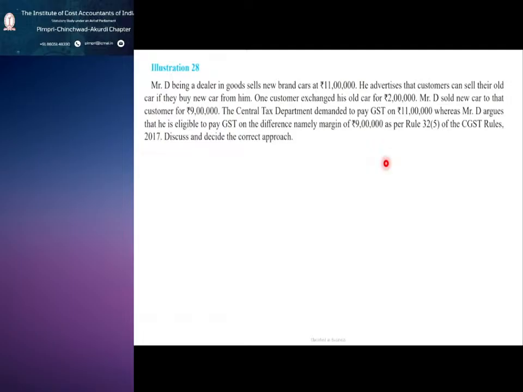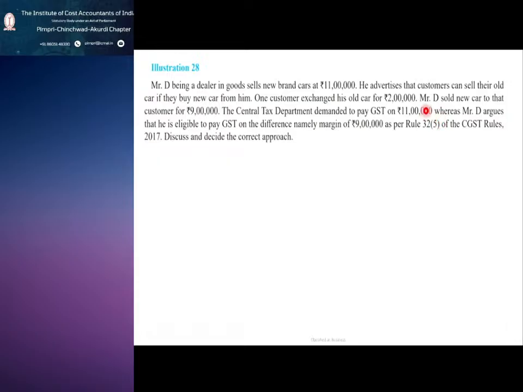So you are saying as per open market value it is 11, right? The person is saying, sir, as per rule 32(5), I am eligible to pay only on 9 lakhs. So he is quoting that rule. But the department is saying that rule 32(5) is applicable only to the dealer who is dealing in second hand goods.